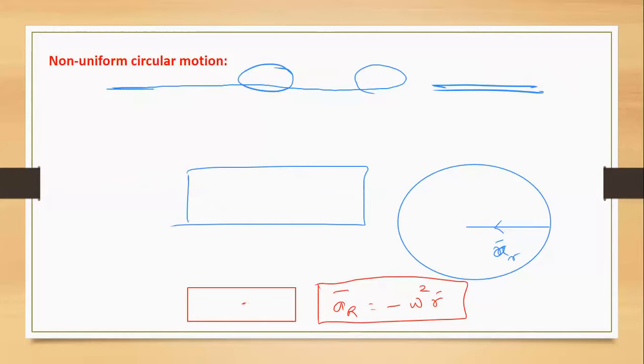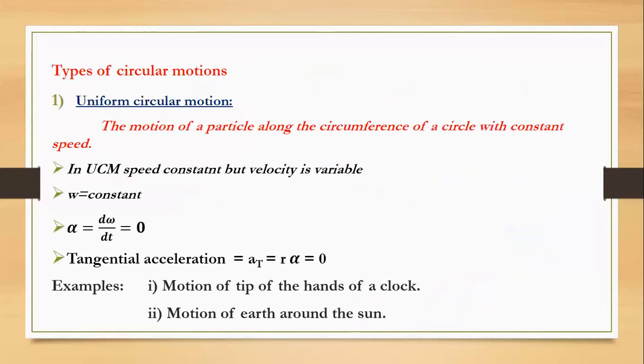Now the second type of circular motion that we have to cover is non-uniform circular motion. You remember one thing: uniform circular motion we just covered. In uniform circular motion, tangential acceleration is 0.